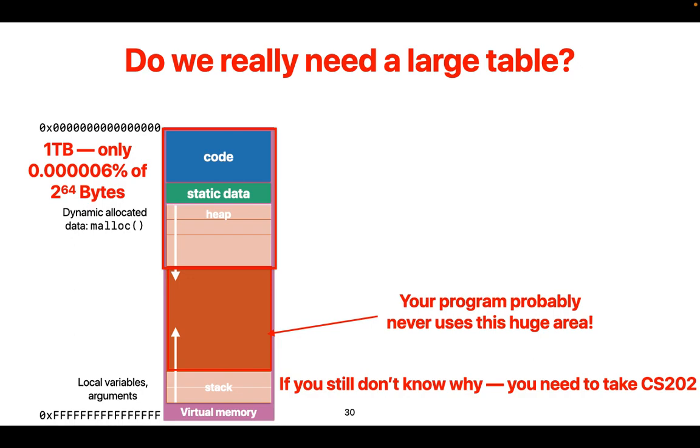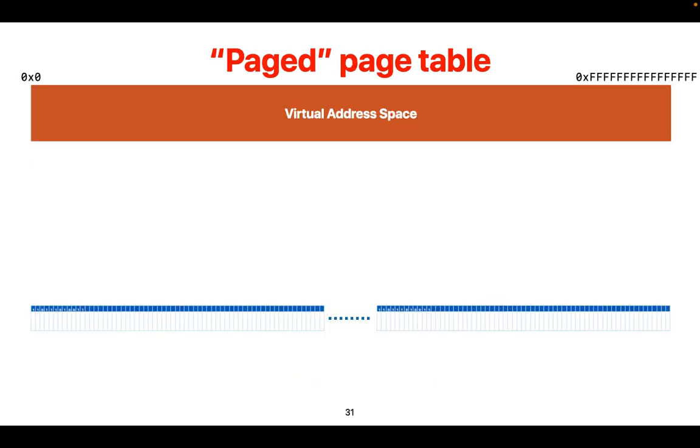Even though you think you are creating a program with 1 terabyte, the 1 terabyte is only 0.00006% of the address space. So you can think it's a huge saving of page table size if I can only capture the part that I need for the virtual address.